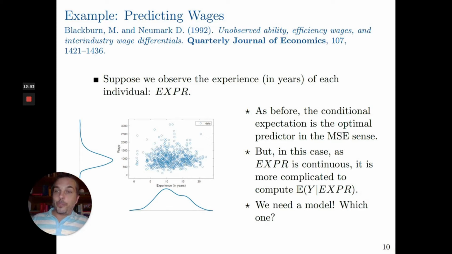So if we want to uncover the conditional expectation of the wages given experience, we need to make an assumption about which class of models we are looking at. So remember the previous block. When we had a supervised learning problem, we have to figure out what's the link, the mapping between the x's on the right-hand side of the equation and the y's on the left-hand side of the equation.